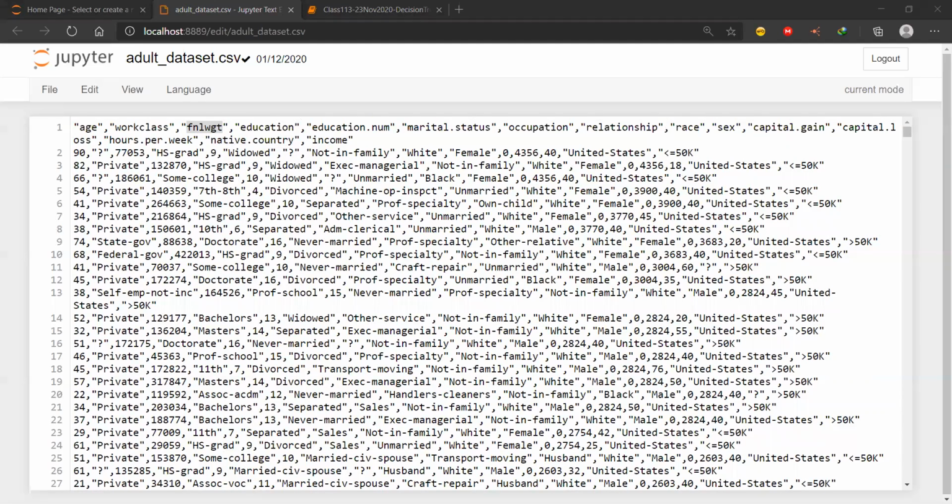No, this seems to be a very simple but just an identification. FNLWGT, the WGT. Let me just search if I can find this data.